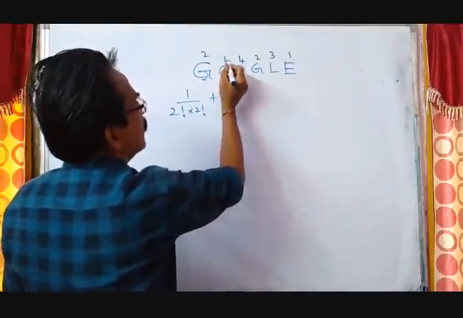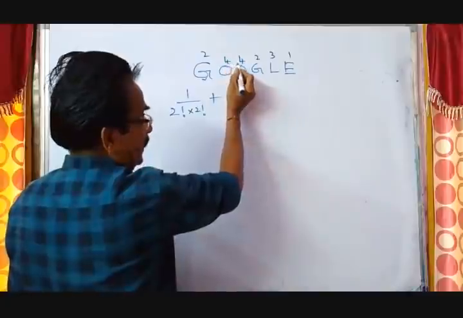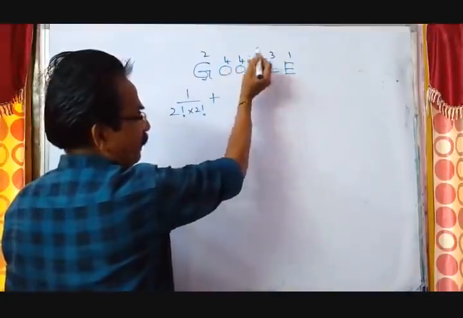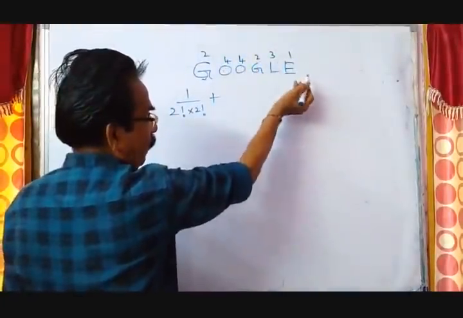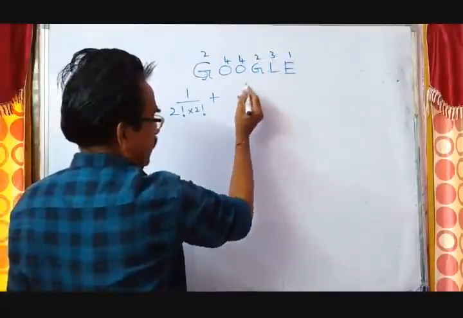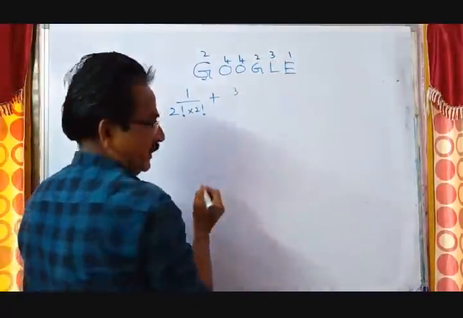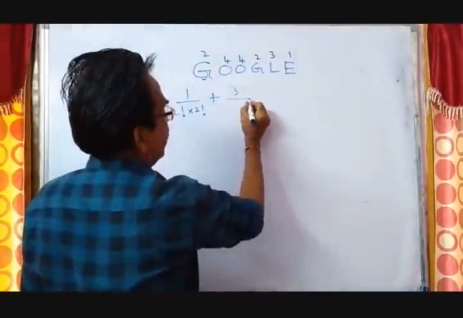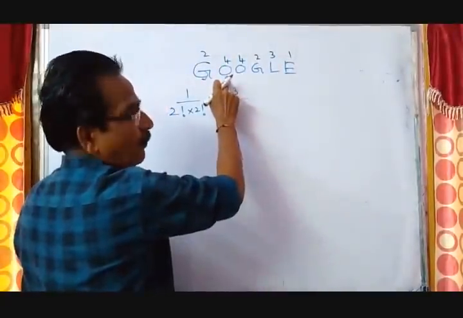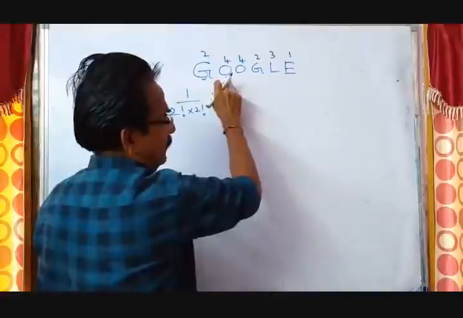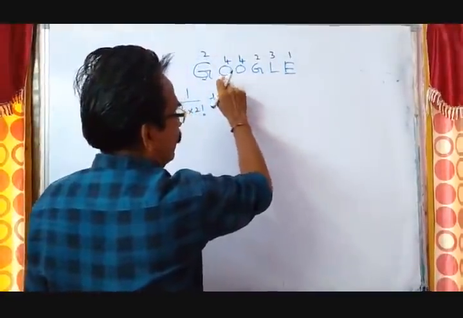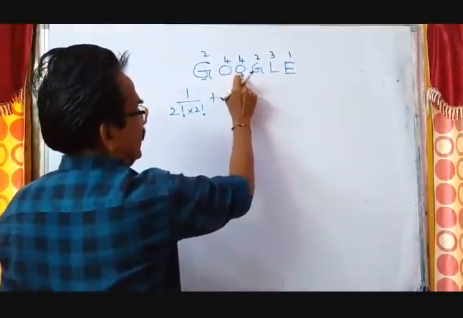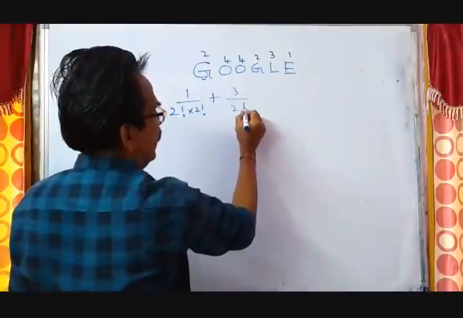plus how many letters are there lower than the rank of 4 to the right of O? 1, 2, 3. 3 by including O, how many letters are repeated to the right of O? Only 2 O's are there. So 2 factorial.